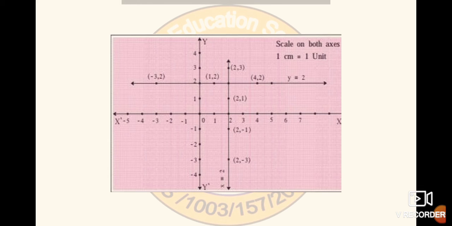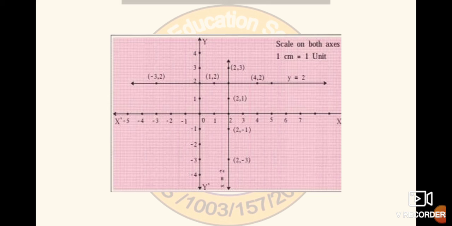X coordinate is the same means definitely the line will be parallel to the other axis, that is the y-axis. So the line will be parallel to the y-axis and it will pass through 2 on the x-axis, the point which is common.